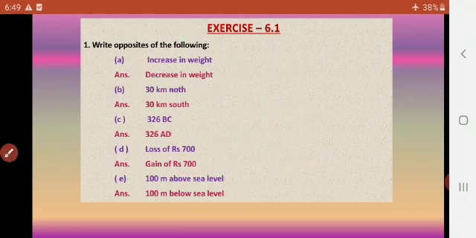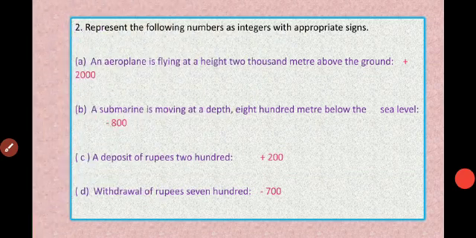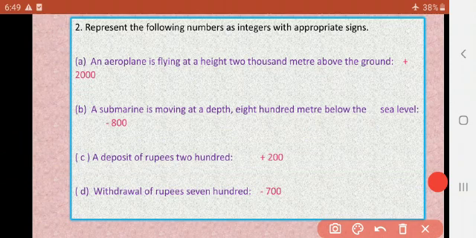Okay, now the next question. Represent the following numbers as integers with appropriate sign. Here an aeroplane is flying at a height of 2000 meters above ground.